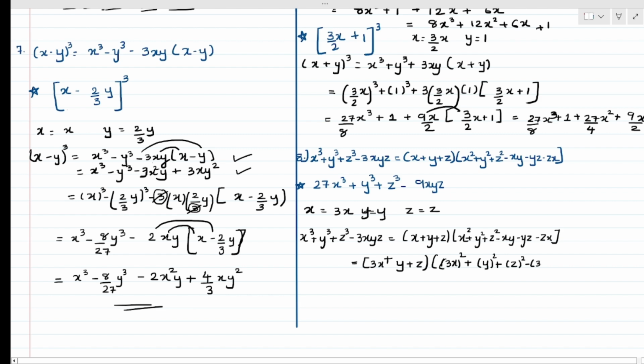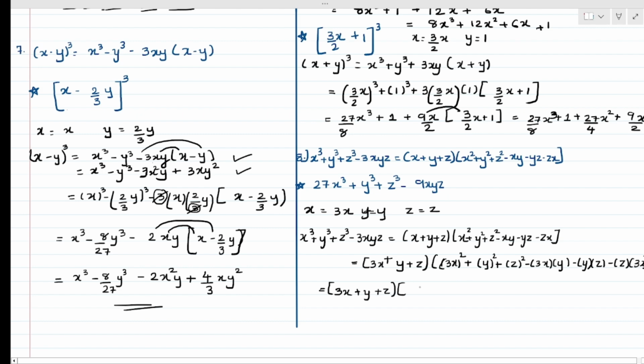It's 3x times y, then y times z, then z times 3x. Okay. Now move on to the next step, which says the first term, there is nothing to change, so you will write as it is 3x plus y plus z.